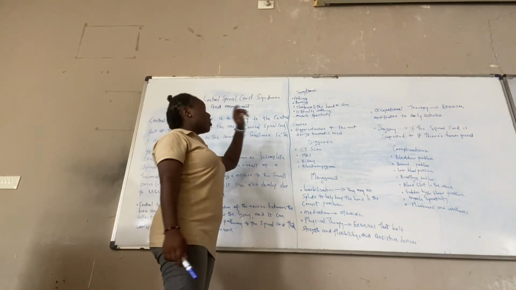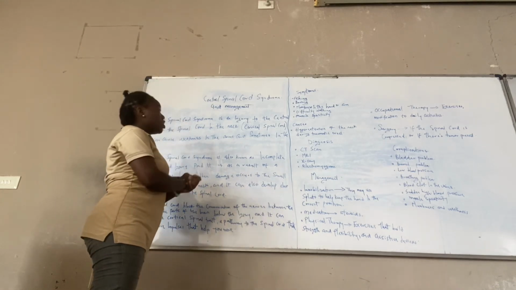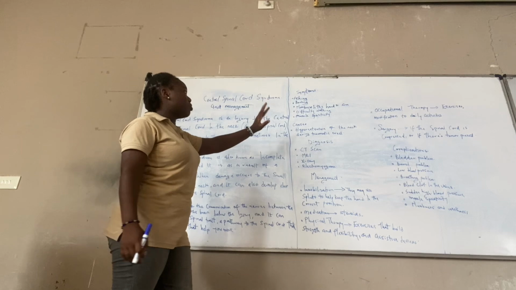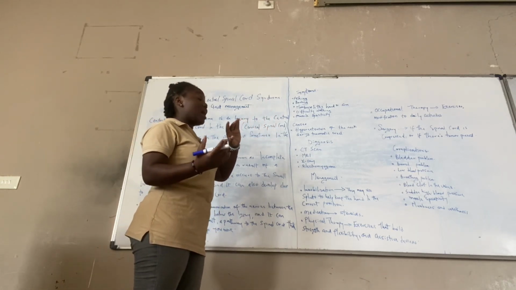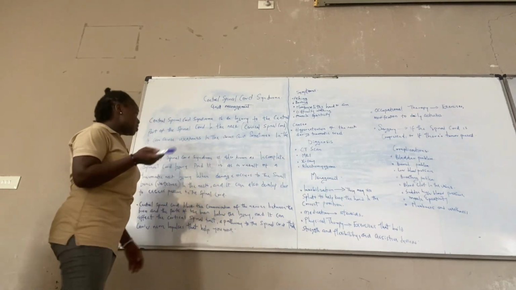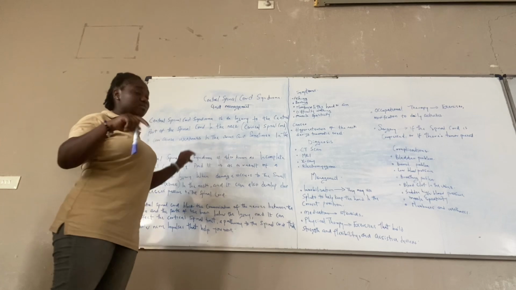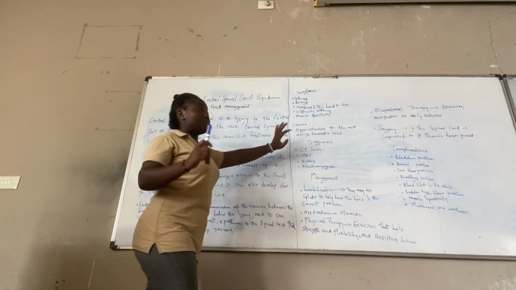When we go over to the symptoms of central spinal cord syndrome, one is aching, one is burning, one is numbness in the hand or arm, and difficulty in walking. As we said earlier, it can sometimes affect the leg as well, so there's definitely going to be difficulty in walking.